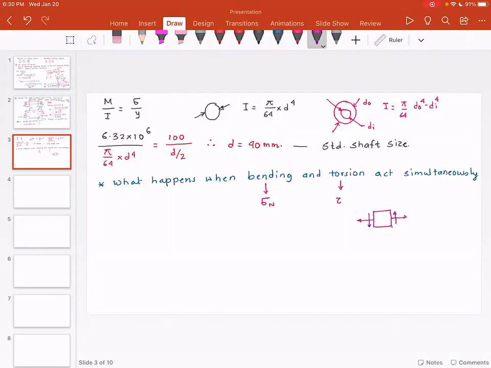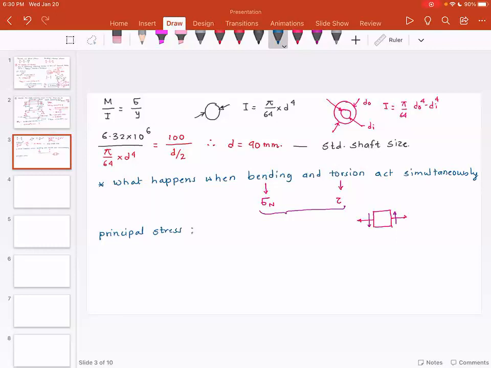So you have a combined loading state, with sigma n and tau acting simultaneously. When these two stresses act simultaneously, we have the concept of principal stress.